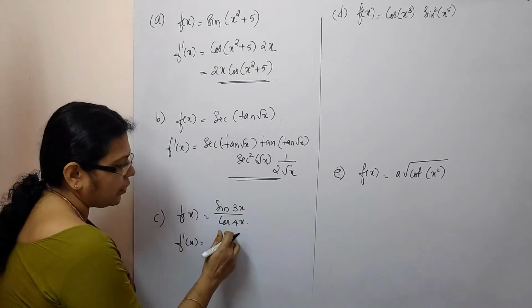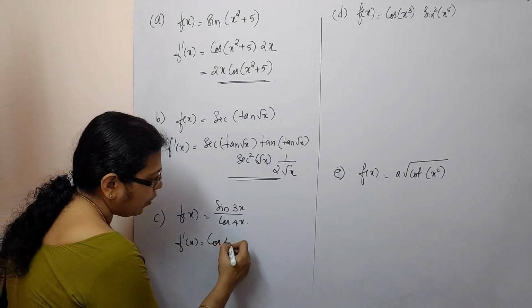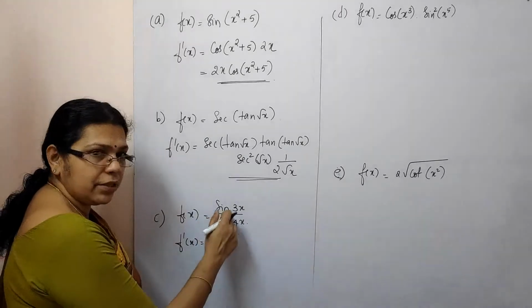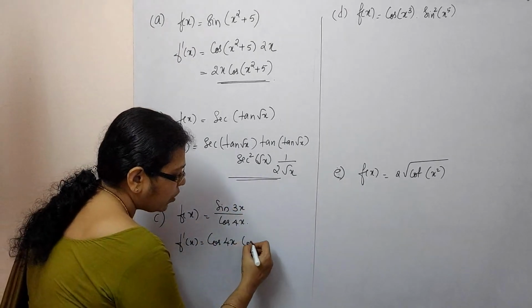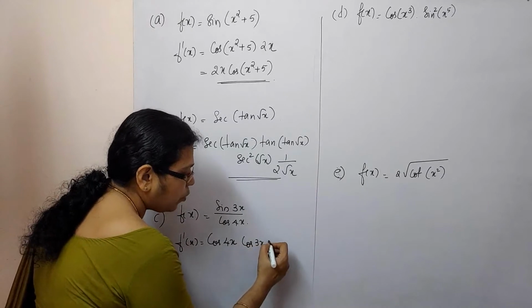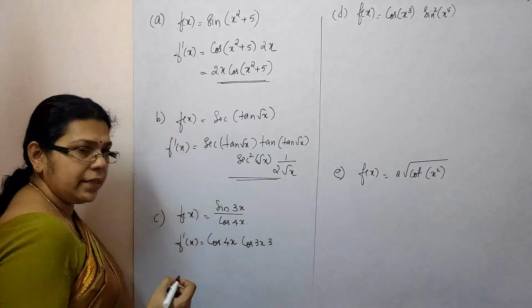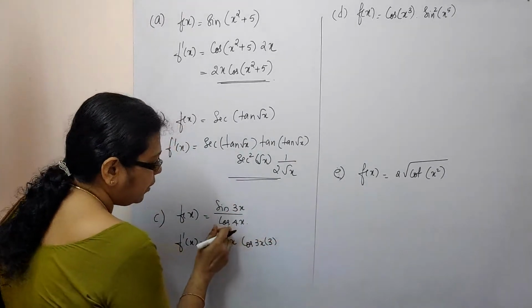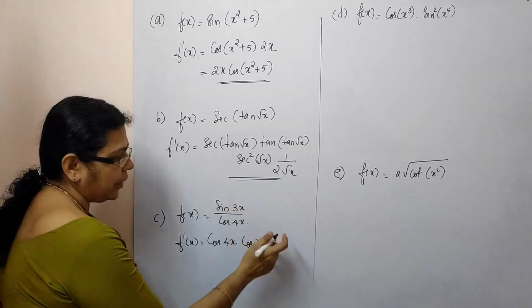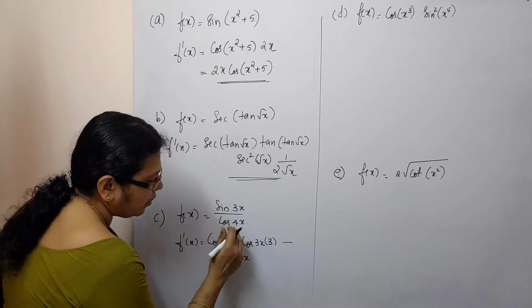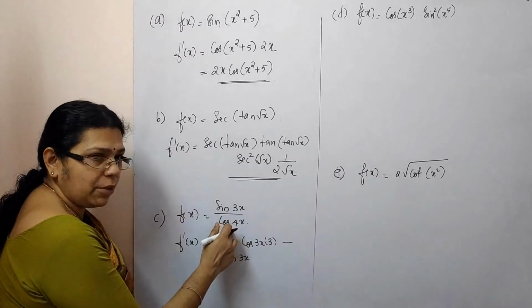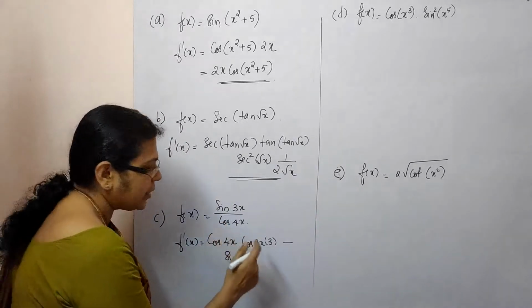f dash of x is equal to denominator into derivative of the numerator. Derivative of sine 3x is cos 3x into the derivative of 3x, which is 3. So denominator into derivative of the numerator minus numerator into derivative of the denominator. Derivative of the denominator means derivative of cos of 4x.